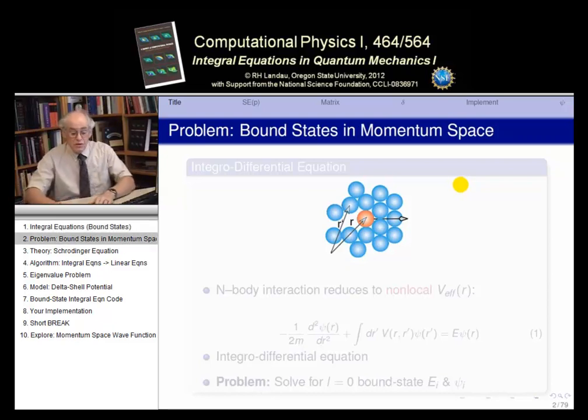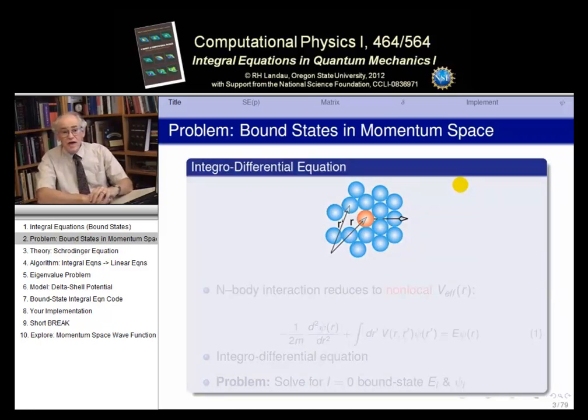Here's your problem. You need to solve a bound state problem in quantum mechanics in momentum space. Why do you even have to do that? Well, the reason is that in many applications, in fact most if they're done carefully, you have a many-body system, such as these blue spheres representing atoms or molecules or nucleons or quarks, for that matter, interacting, say, with a projectile. So the projectile's here in red.